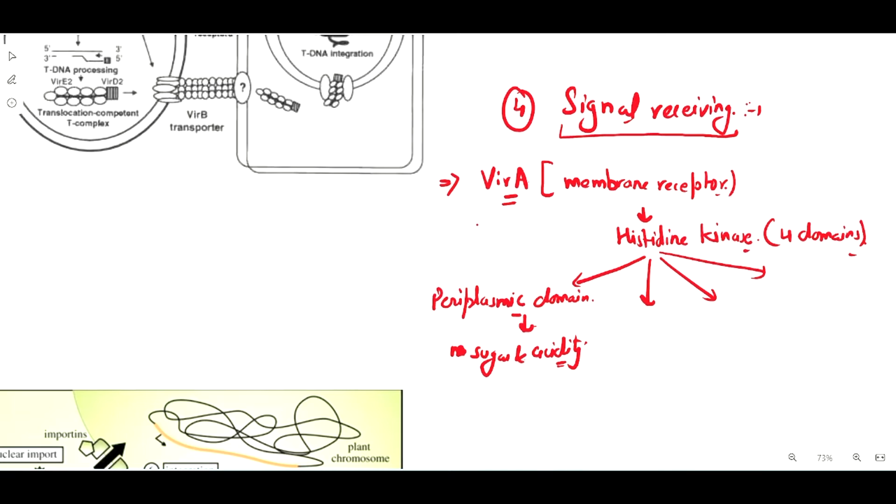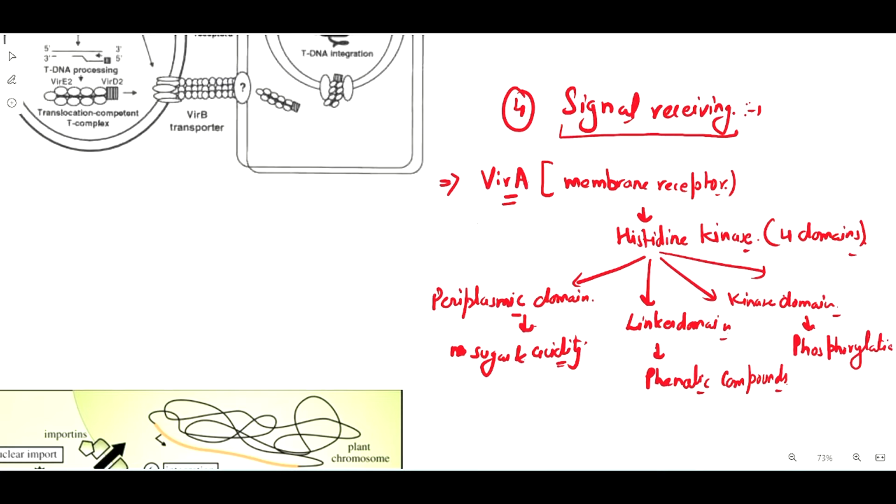Another domain is known as the linker domain, and its function is to recognize the phenolic compounds which are released from the wounded sites. Another domain is called the kinase domain, and its function is to catalyze phosphorylation.